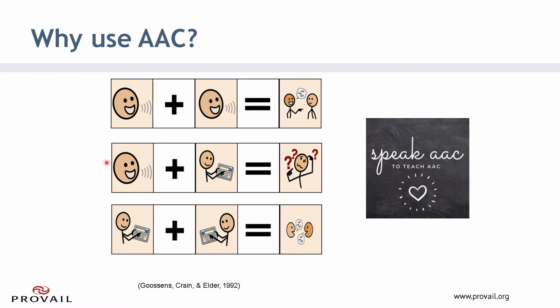If you speak to a person who does not speak functionally with lots of people and is learning language through AAC, that person may become confused and not learn how to use language functionally. If you speak to a person using AAC, you are teaching that person how to communicate functionally using AAC.